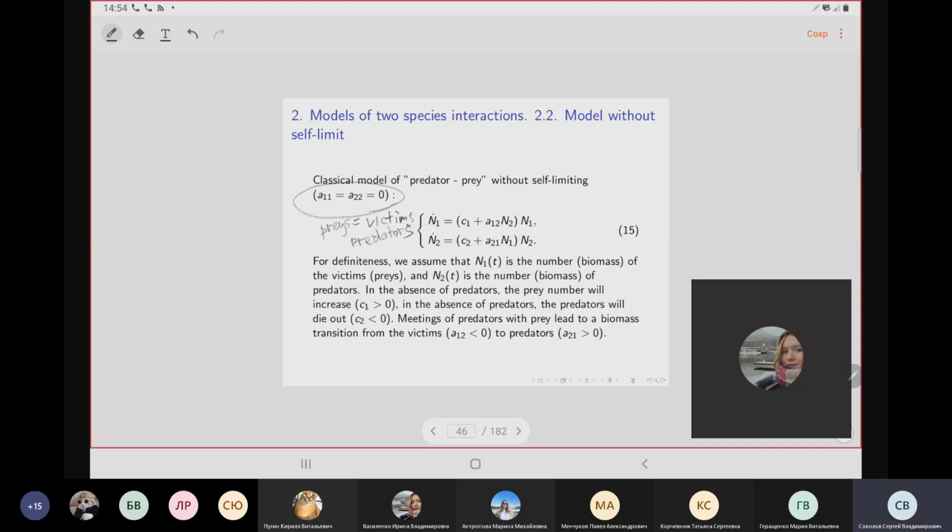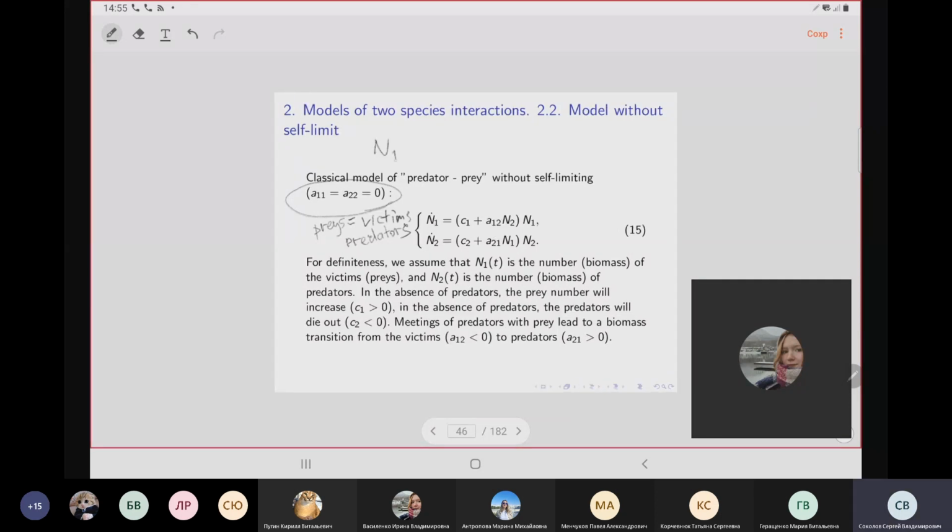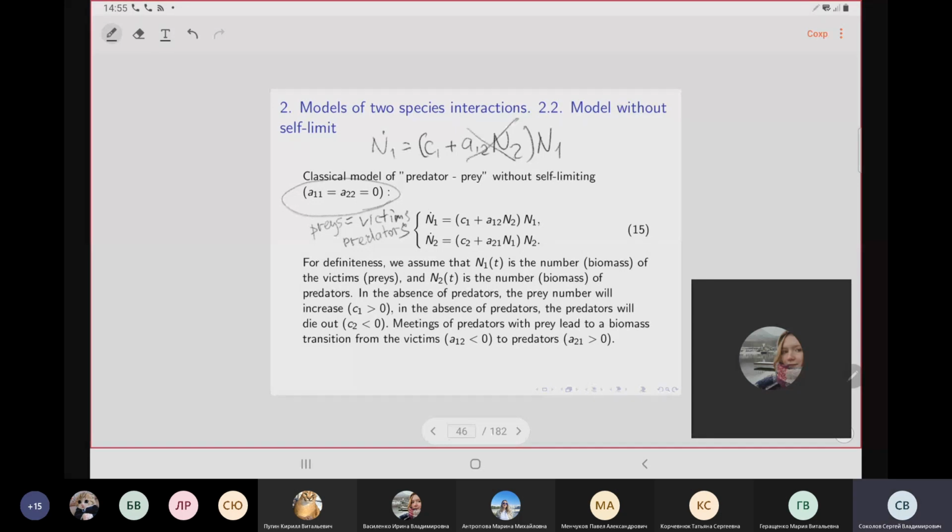And we see that it is not natural because, let us consider the first equation. N1 dot is (C1 plus A12 N2) N1. Let us suppose that there are no predators in our forest. There are no wolves, so we consider only this equation.